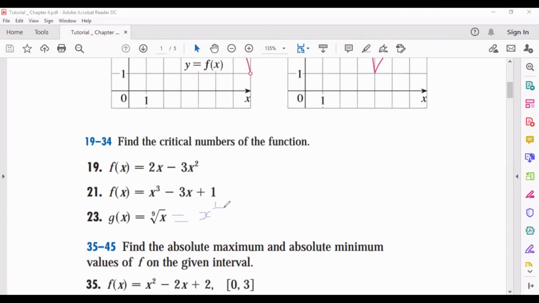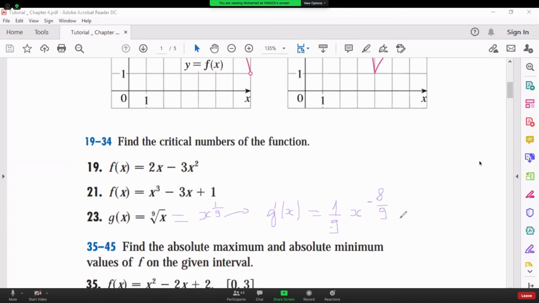When we look at it like that, the derivative g prime of x is equal to 1 over 9 x to the minus 8 over 9. Is it okay for everyone? When is it equal to 0?